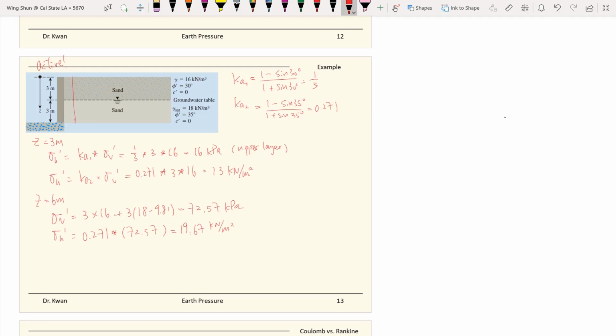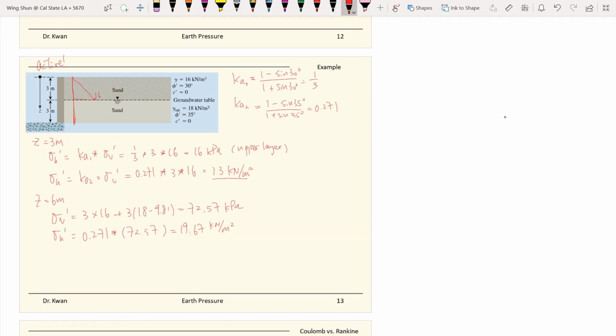So we have two layers here. First, this part will be equal to 16, belonging to the first layer, and that belongs to the first Ka, and then you also have the second Ka, which is 13.